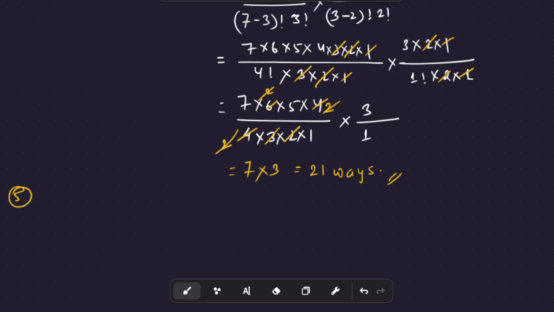What about the 5? Oh, there is 5 also, I left it. We should take that also.